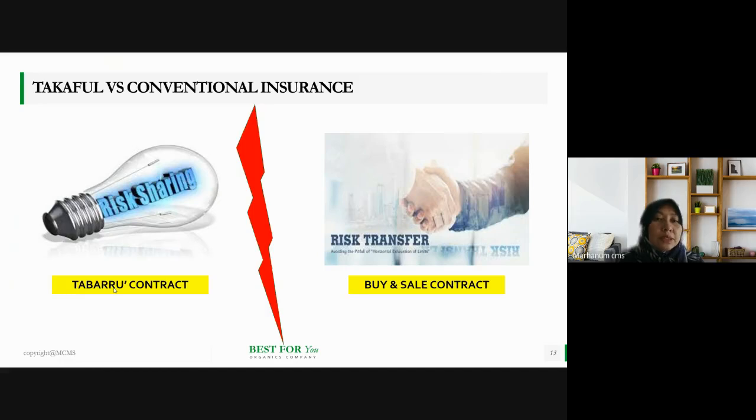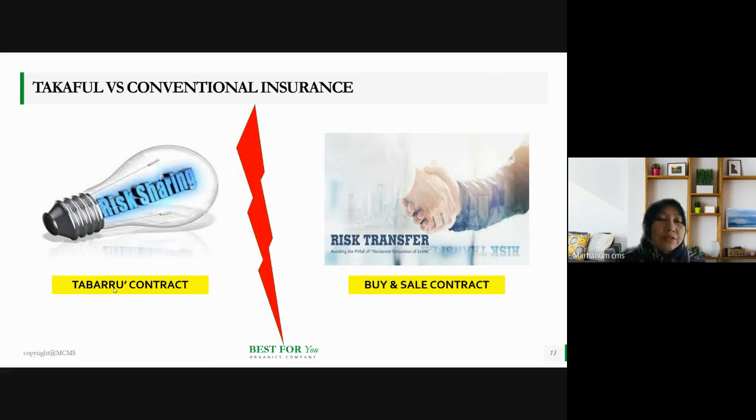When the Takaful operator receives the contributions from the customers, they pool all the contributions. When any customer dies, the Takaful operator's responsibility is to take a portion of the contributions they pooled and, we do not call it pay, but to contribute to the needy, to the family members of the deceased participant.